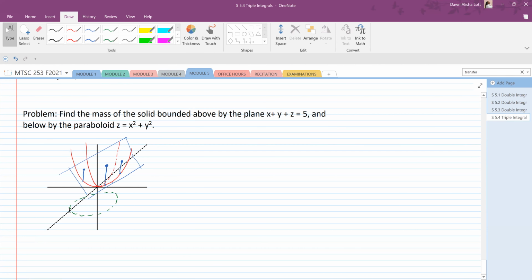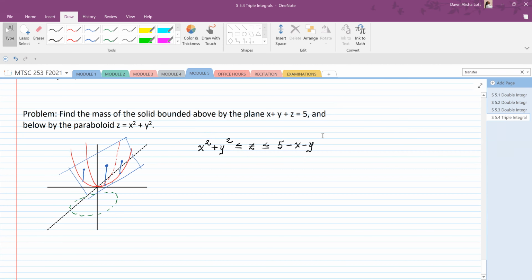Okay, so let's get an idea. We clearly know that z is going to go from x squared plus y squared up to 5 minus x minus y.